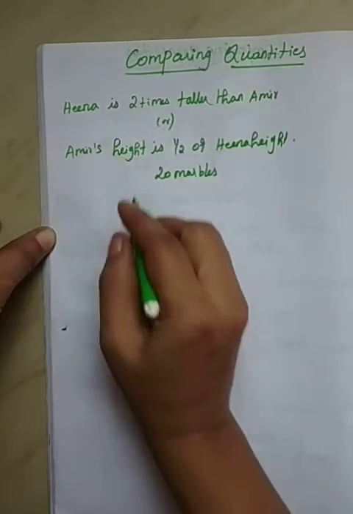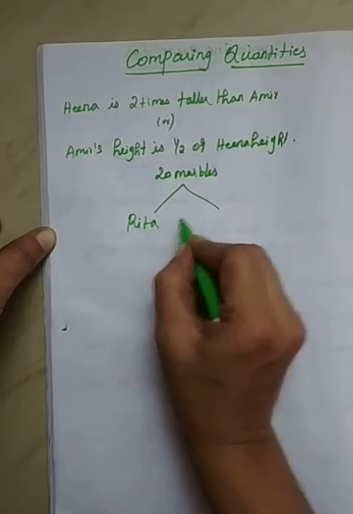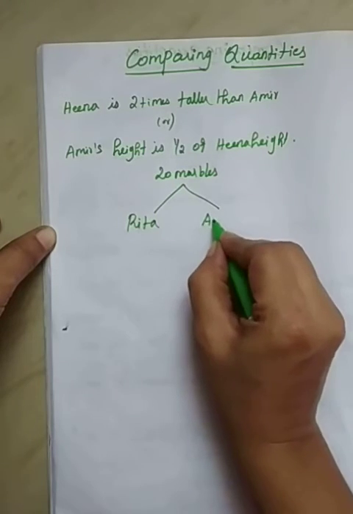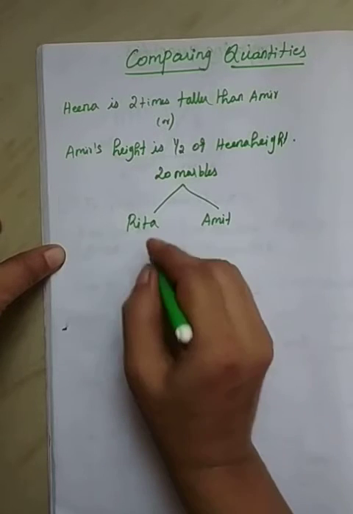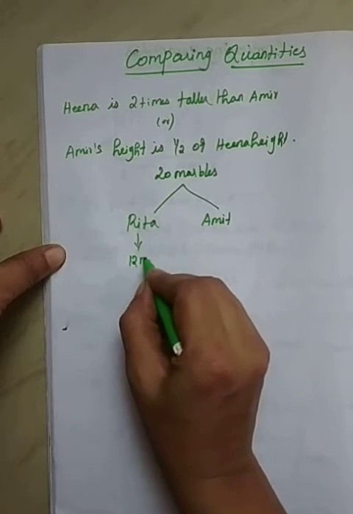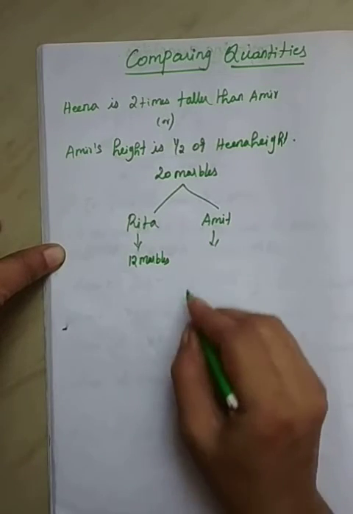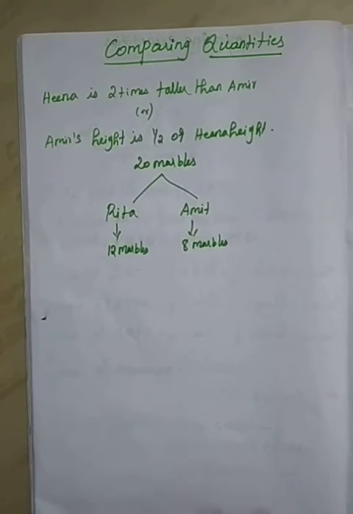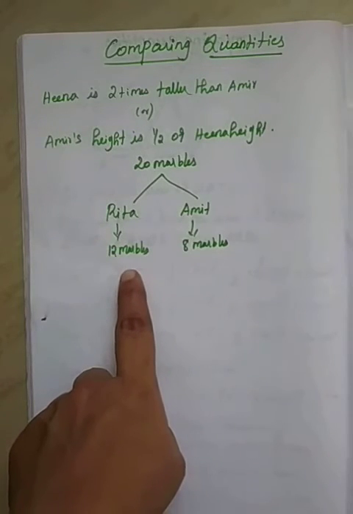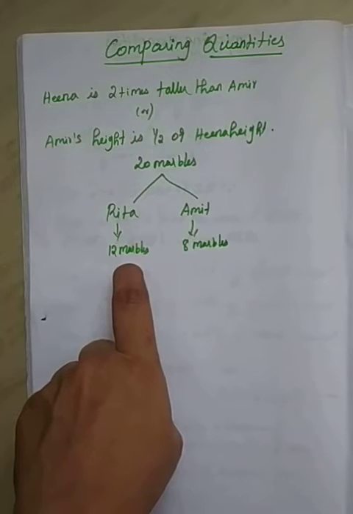In this one, we have to consider the two persons, Rita and Amit. Rita has 12 marbles and then Amit has 8 marbles. Okay, we say Rita has 3/2 times the marbles that Amit has, right?